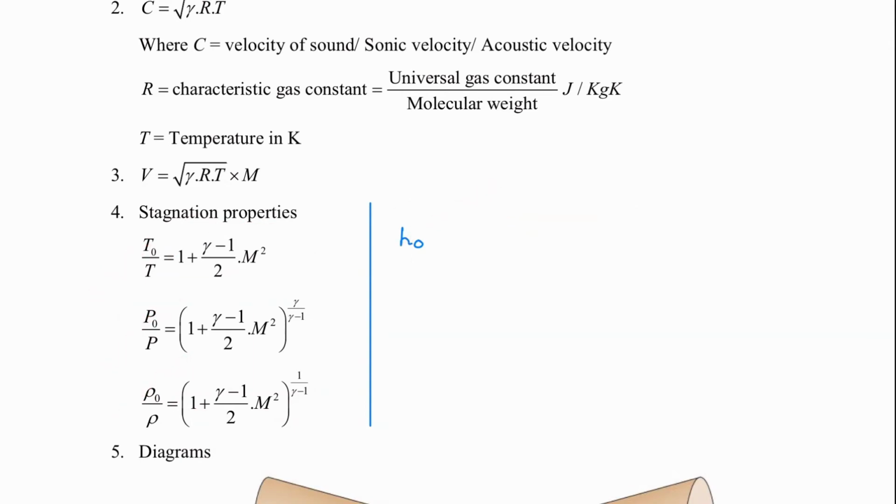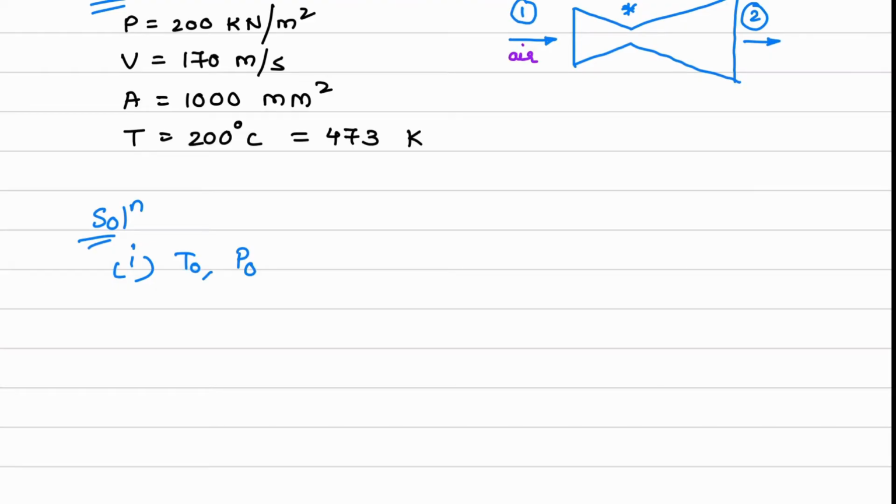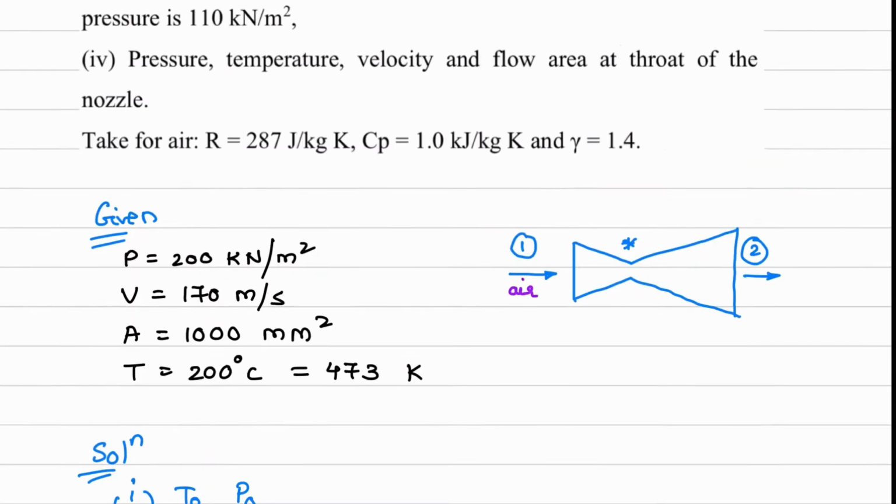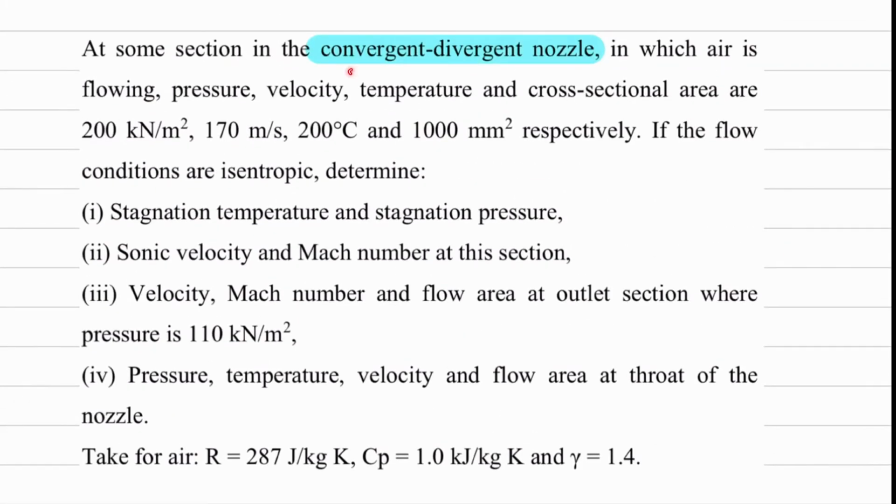Either we can use formulas, but now understand when to use formulas and when to use the gas table. The second method is using the gas table. When we have a question like this, a convergent divergent nozzle, or maybe a convergent nozzle, these are very big questions. In such cases, we have to use gas tables to find the required things. You can even use formulas, but it will become lengthy, so that is why we use gas tables.